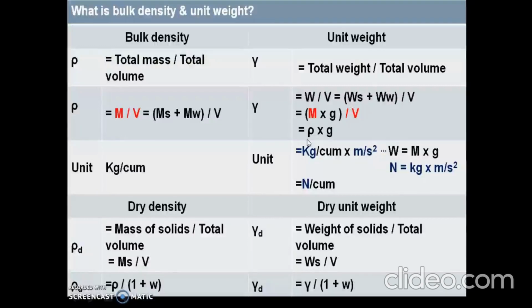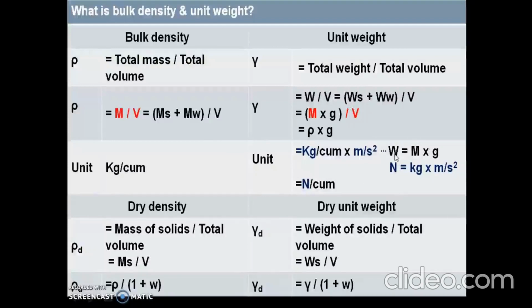What is unit of rho? It is kg per cubic meter, that is mass divided by volume. And what is unit of g? That is acceleration due to gravity. It is m divided by s square, that is meter per second square. 1 kg meter per second square is written as 1 Newton.